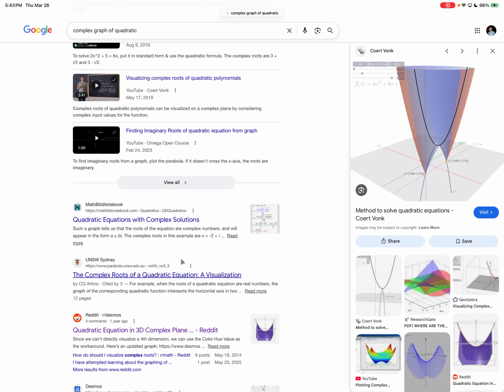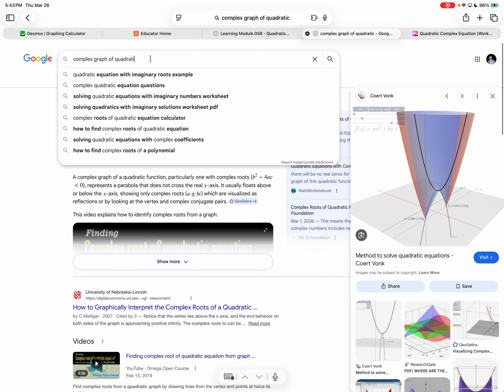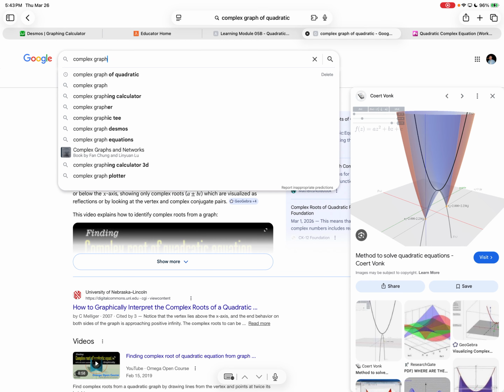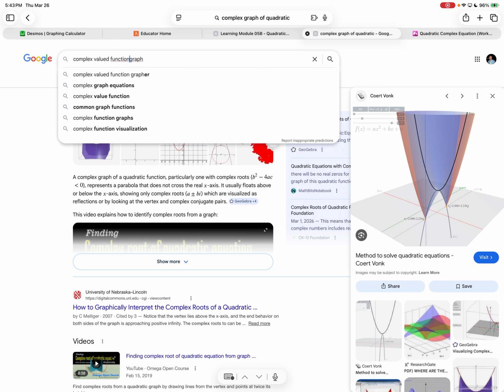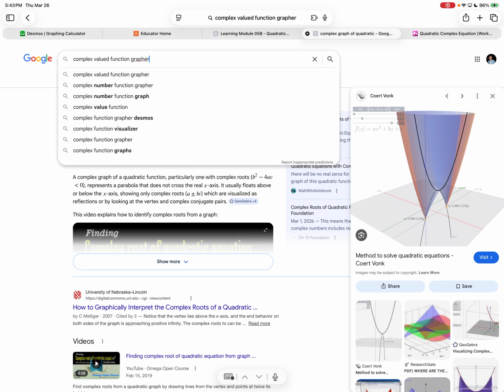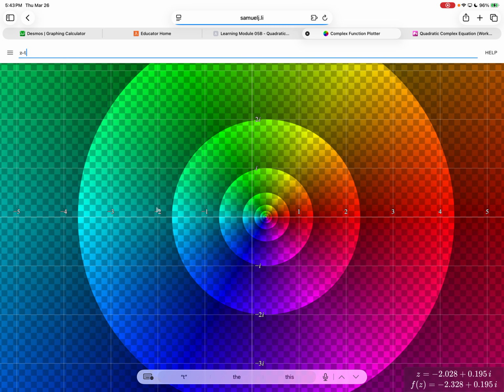Complex roots. Yeah, let's just do complex valued function grapher. This guy, complex function plotter. What? There's 3 dimensions here. Left, right, up, down, yeah? And color. Check it out.